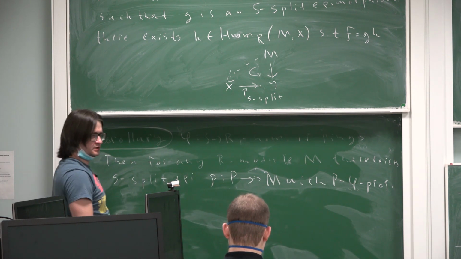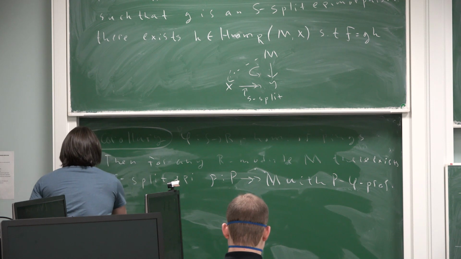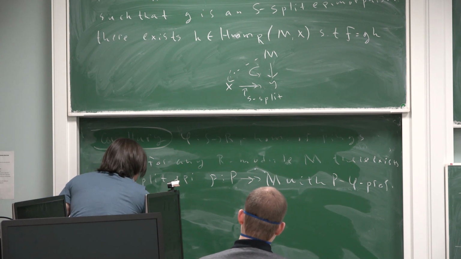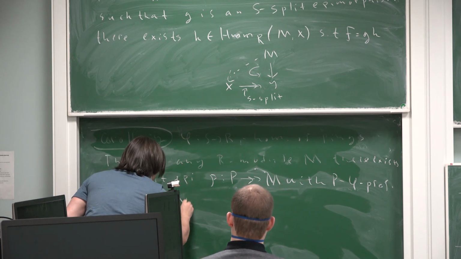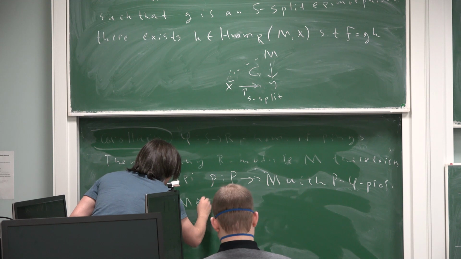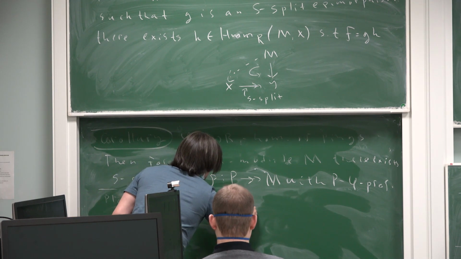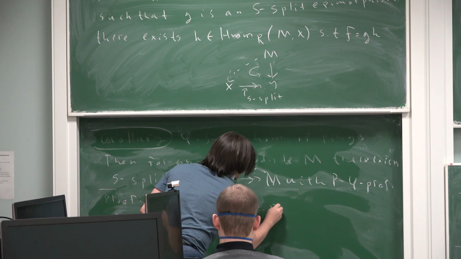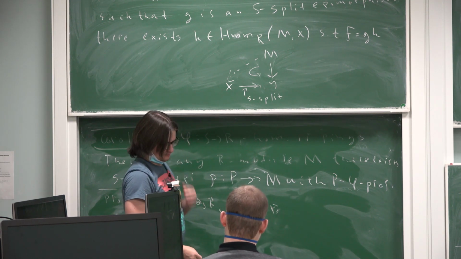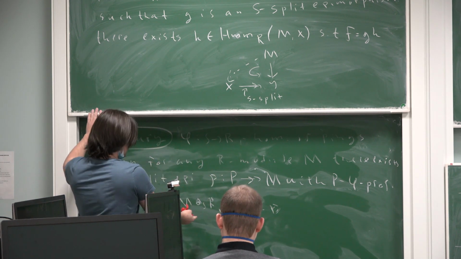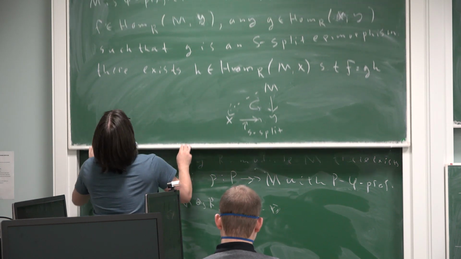We simply can take P equal to M tensor over S of R and rho equal to pi. And our proof implies that this module is phi projective.